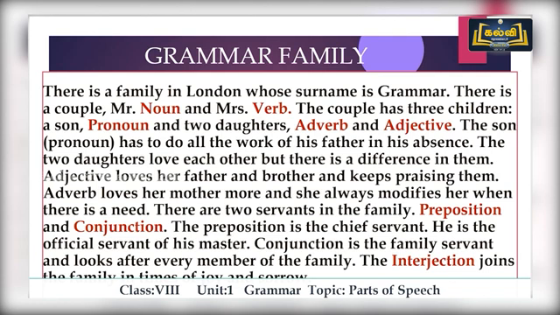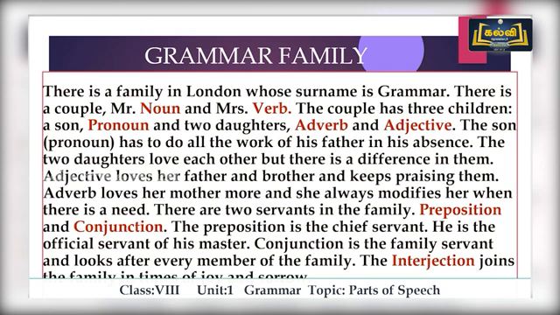There is a family in London whose surname is Grammar. There is a couple, Mr. Noun and Mrs. Verb. The couple has 3 children, a son, pronoun, and 2 daughters, adverb and adjective.